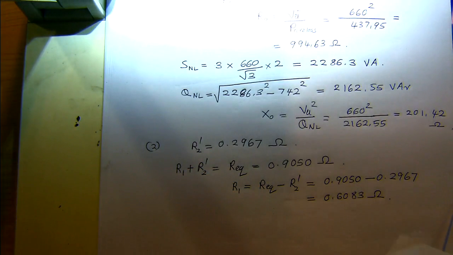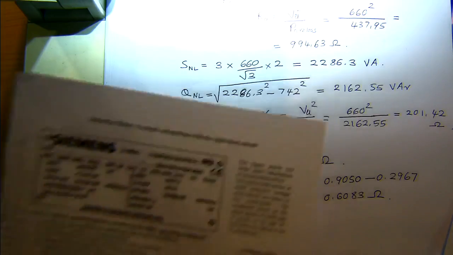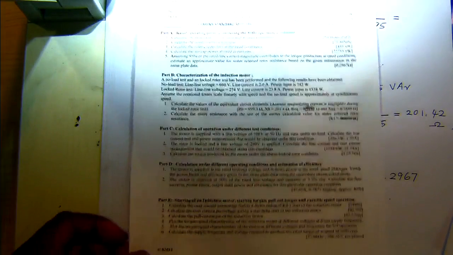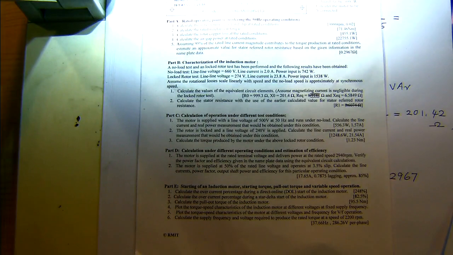No questions? All right. So moving on to part C. Part C says calculation of operation under different test conditions. The motor is supplied with a line voltage of 500 volts at 50 hertz and runs under no load.